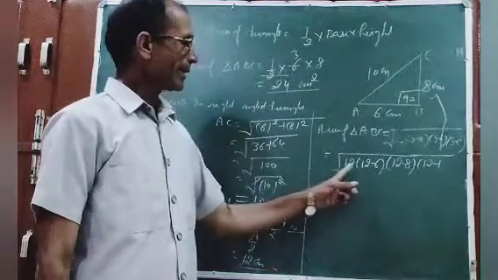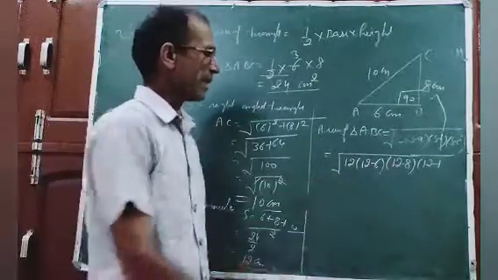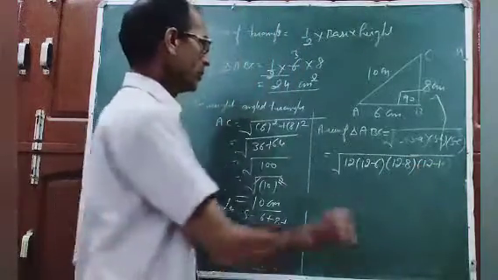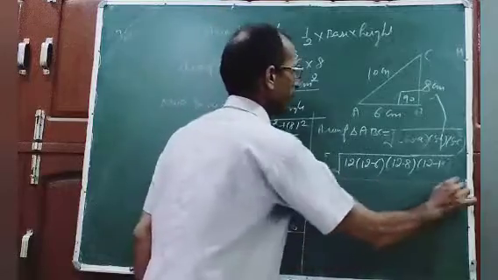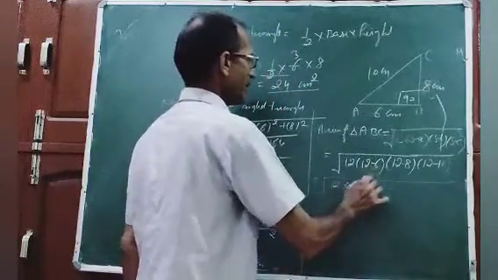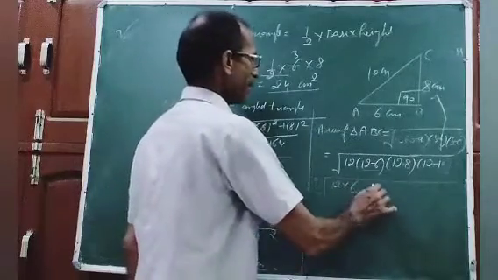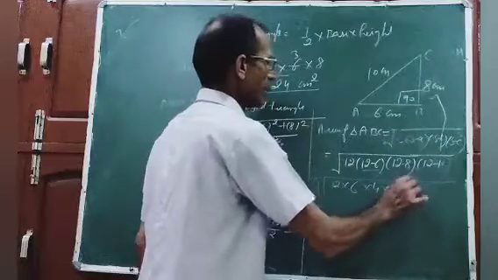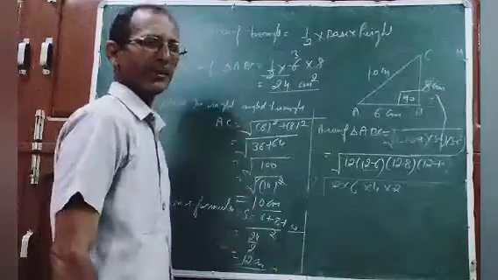So root of 12, 12 minus 6 is 6, 12 minus 8 is 4, 12 minus 10 is 2. Up to here, any doubt, any confusion?